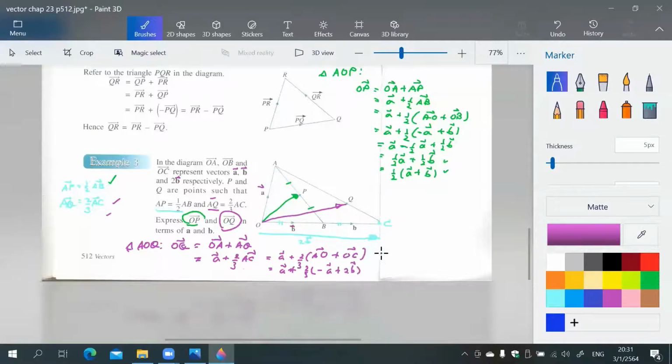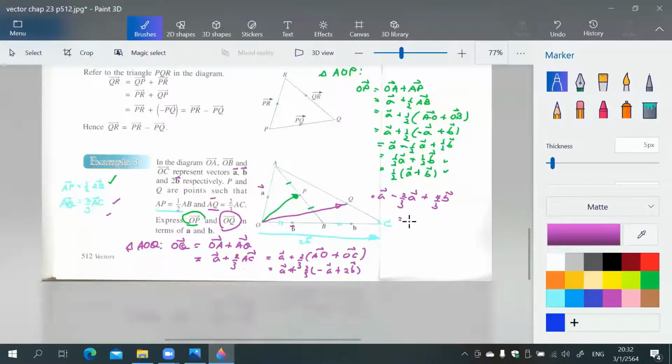Now we simplify. I write it up here. So it equals vector A, simplify, minus 2 over 3 vector A and plus 4 over 3 vector B.